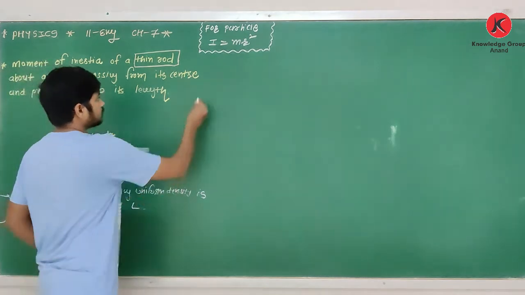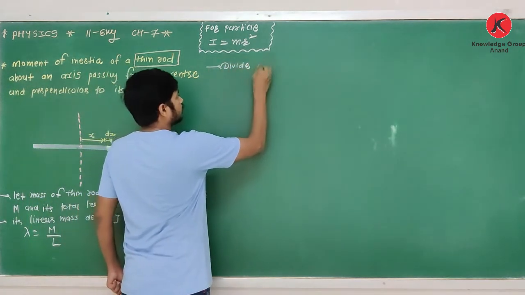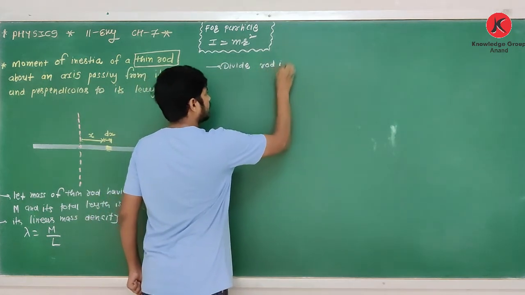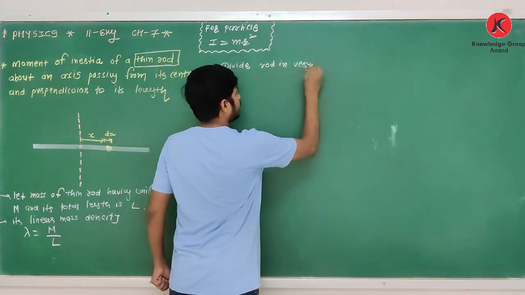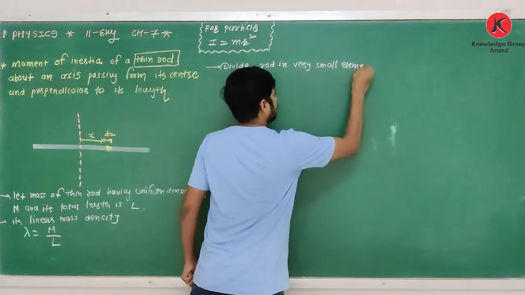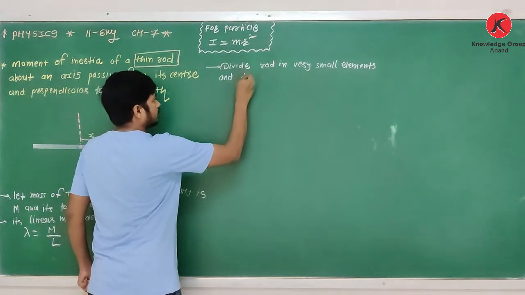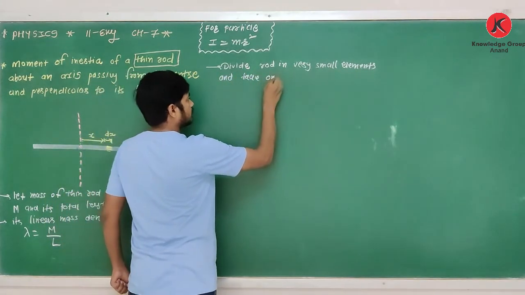So, divide the rod into very small elements and take one element.